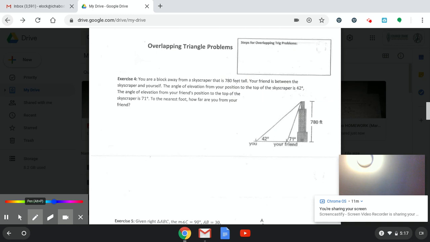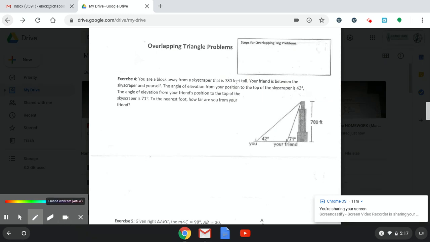Moving ahead to the next side, overlapping triangles. Some steps for these overlapping triangles: we are going to first redraw our right triangles. So these diagrams are going to be two triangles that kind of overlap, and they're going to share some measures.